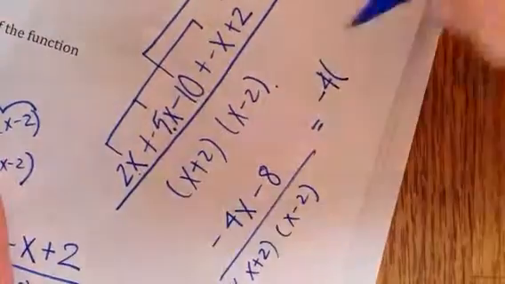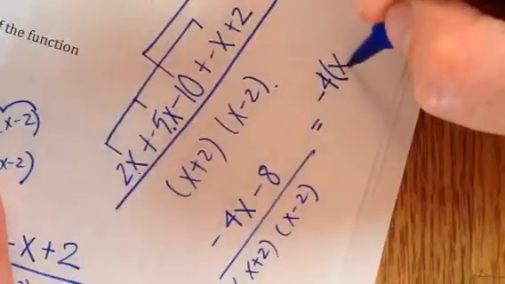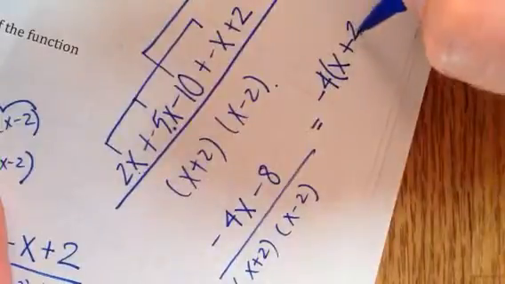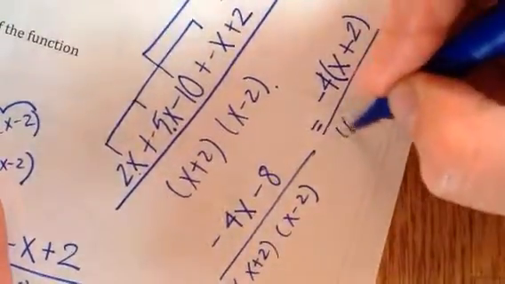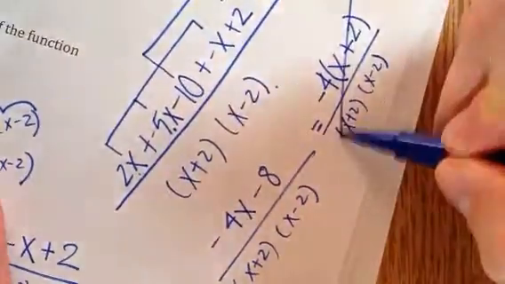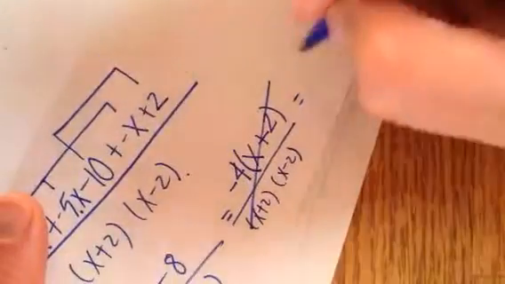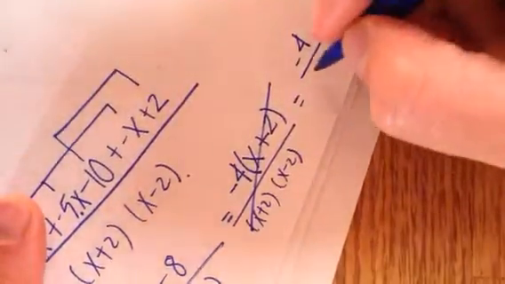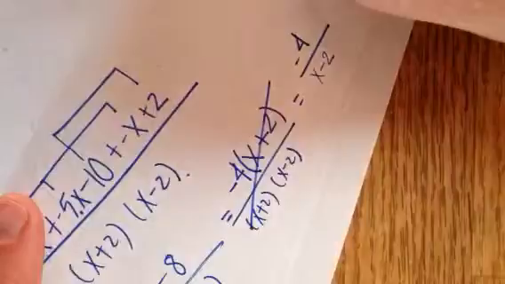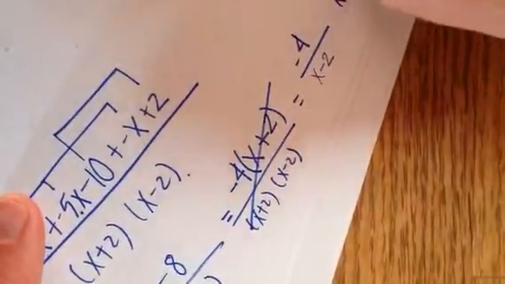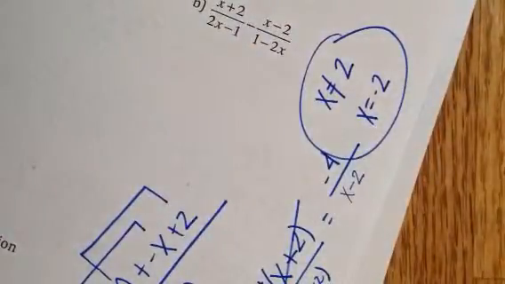So I take out the negative 4, and I'm going to have x plus 2 over x plus 2, x minus 2. The x plus 2's cancel out, and I'm left with negative 4 over x minus 2. And I would state that x cannot equal 2, and x cannot equal negative 2, because those were my two terms in my denominator.